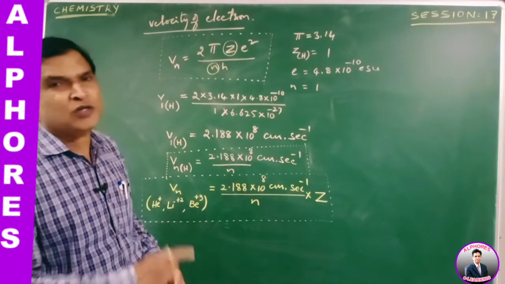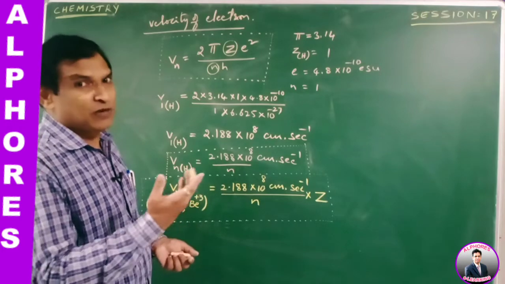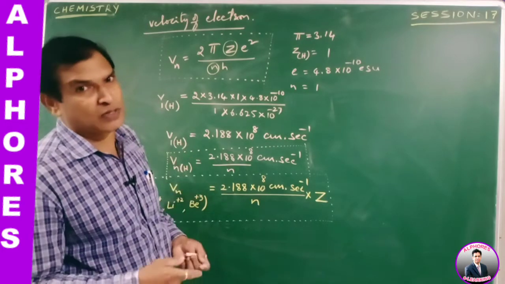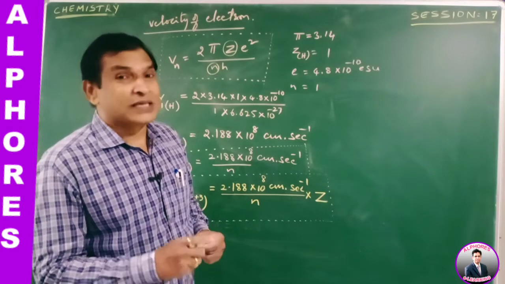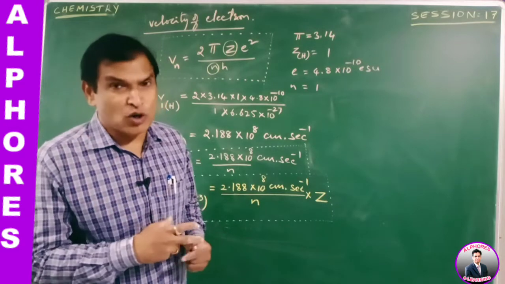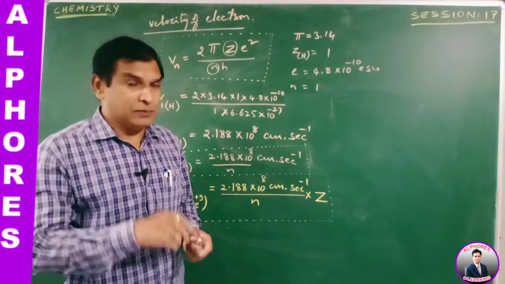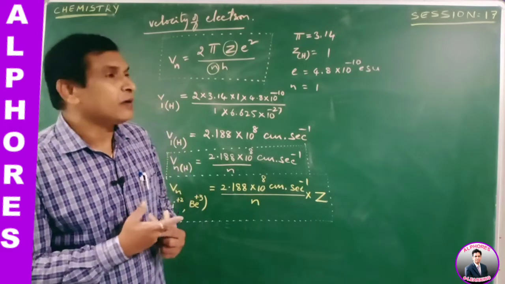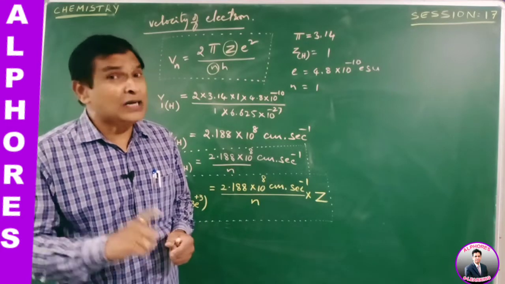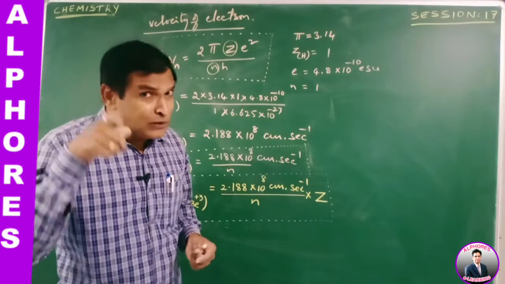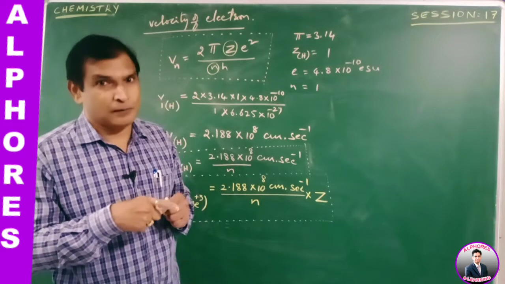Now let us work out one numerical based on this velocity, and based on the velocity and the number of revolutions also simultaneously. The question is like this: calculate the velocity of the electron in the third orbit of hydrogen atom, and also calculate the number of revolutions made by the electron in that orbit per second.